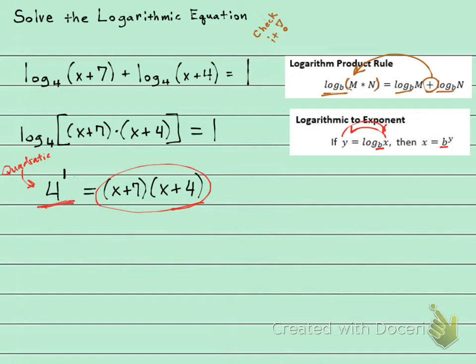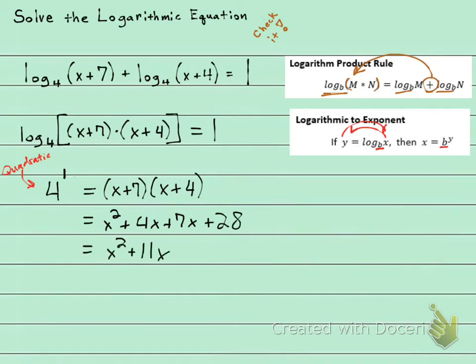It's not currently equal to 0. So let's go ahead and FOIL it out. I have x squared plus 4x plus 7x plus 7 times 4 is 28. So this is x squared plus 11x plus 28.